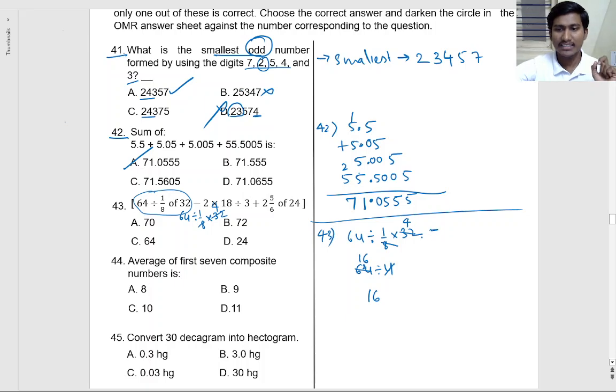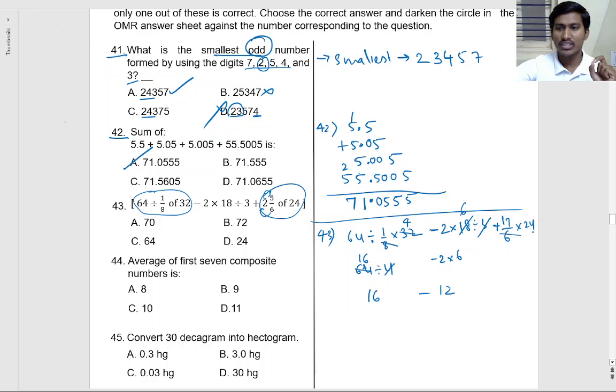Next, minus is there. That is 2 into how much, 2 into 18 divided by 3, so 3 6s are 18 will come. So here 2 into 6, minus 2 into 6 means that is 12, minus 12 will come. After that is this part, 2 and 5 by 6, that is plus, so 6 2s are 12, 12 plus 5 is 17 by 6 of, into 24.